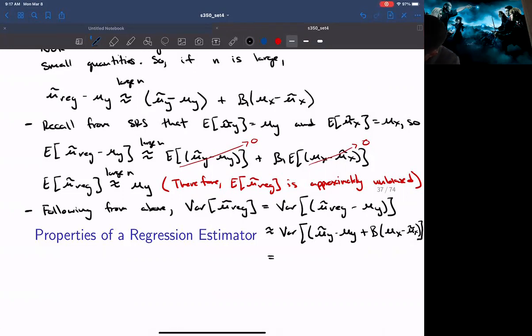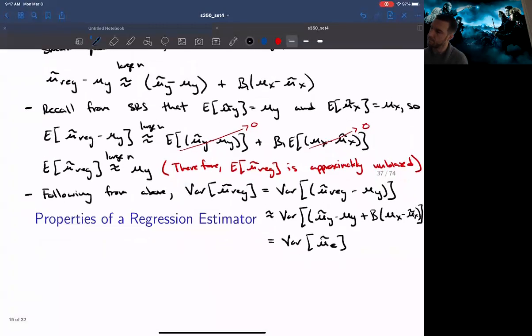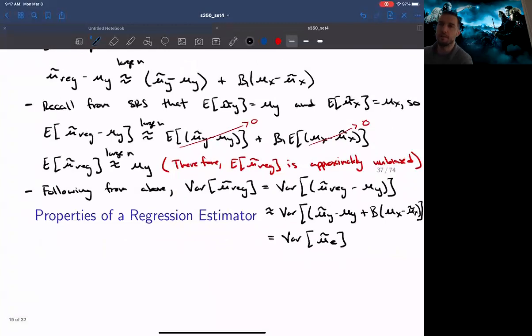And then we can call this thing the variance of mu tilde e. Effectively, all we're really doing here is defining the residuals, or the variance of the residuals, from a linear regression model.